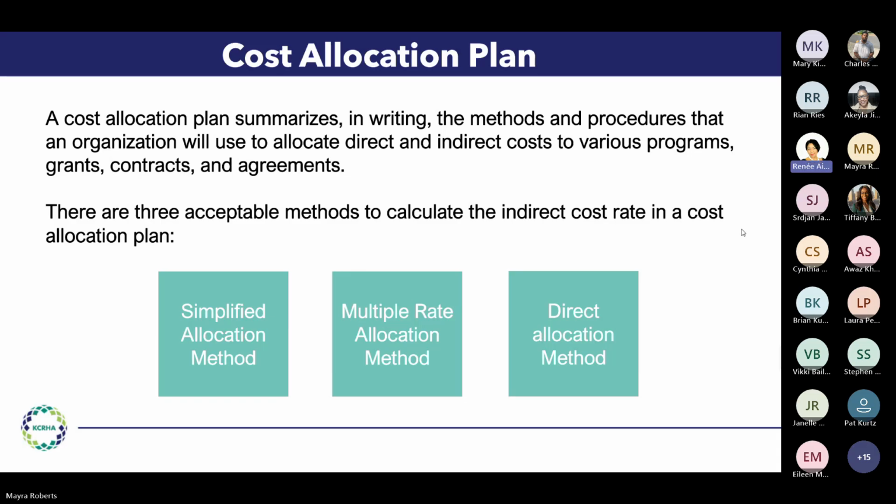Okay. Cost allocation plan. A cost allocation plan summarizes in writing the methods and procedures that an organization will use to allocate direct and indirect costs. We talked about that, right? To various programs, grants, contracts, and agreements. And there are three acceptable methods to calculate the indirect cost rate within a cost allocation plan: the simplified allocation method, the multiple rate allocation method, and the direct allocation method.